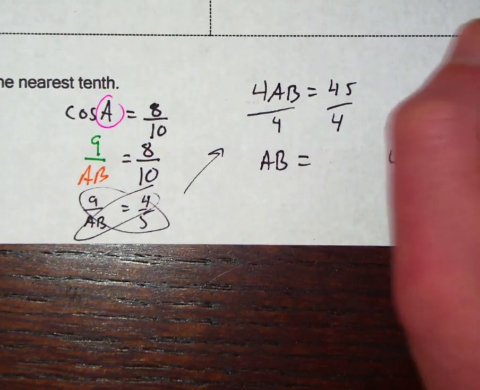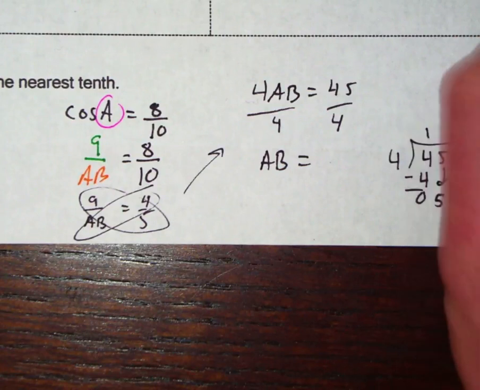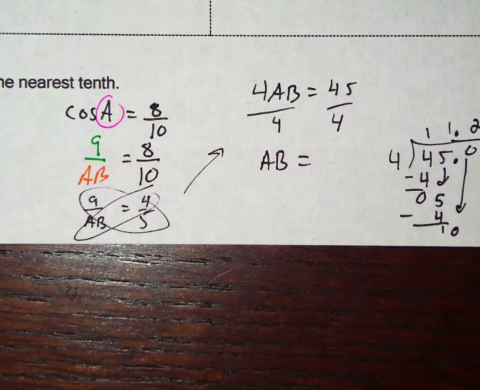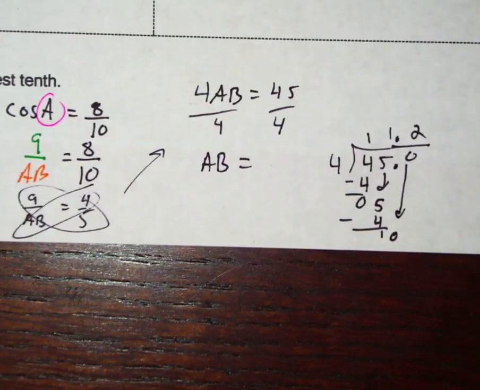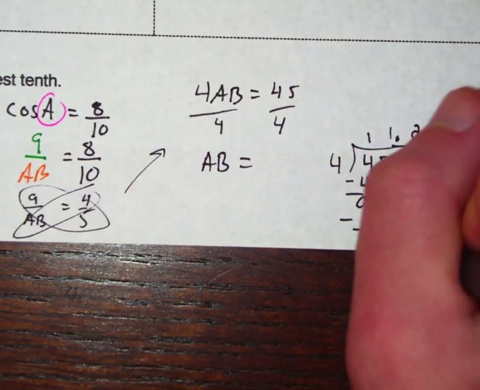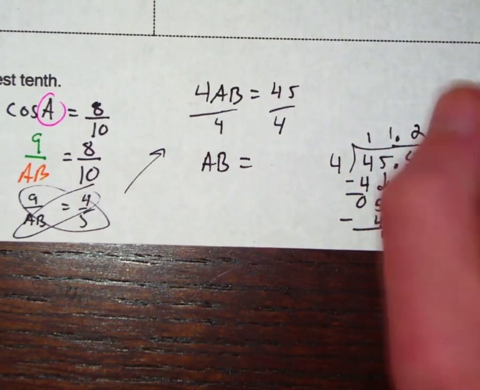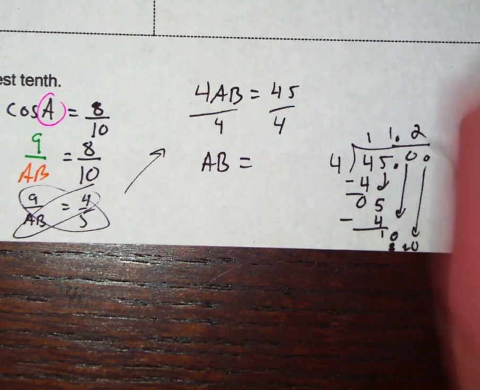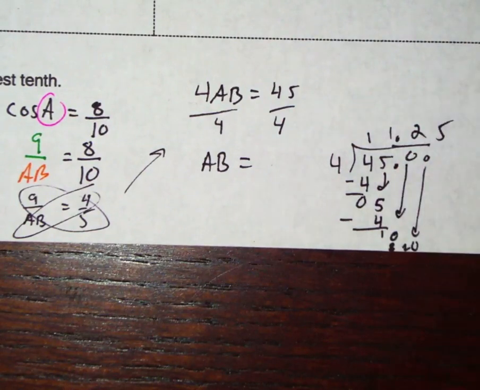Goes in once. Goes in once. Goes in twice. For 8, I'm out of room here, but it's going to be a 2 left. And if I bring the other 0 down with the 2, that makes it 20. It'll go in 5 times, and that'll be it.